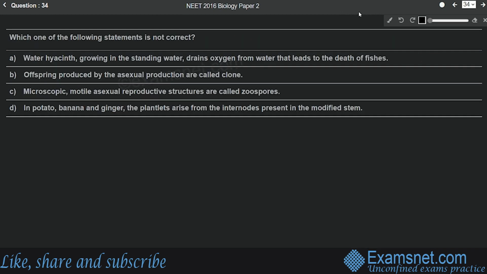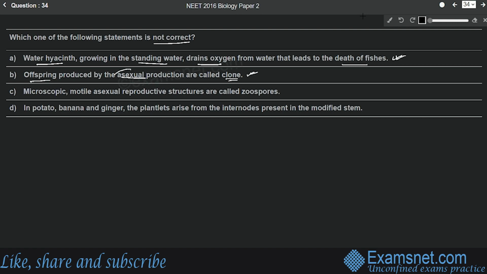Question number 34 is from the chapter Reproduction in Organisms, and the question is, which one of the following statements is not correct? So the first statement says water hyacinth growing in standing water drains oxygen from water that leads to death of fishes. So this is absolutely correct statement. Second statement says offspring produced by asexual reproduction are called clone. This is also correct. Why are they called clone?